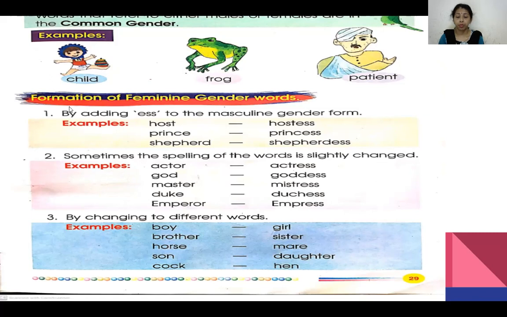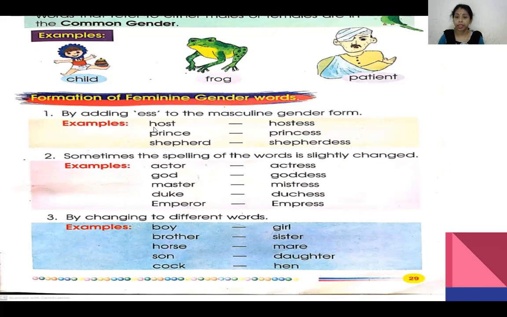Now I will move towards some rules of how to form the feminine gender from the masculine gender. The first rule: by adding ess at the end of the masculine gender word, you can change the word into feminine gender. For example, the first word, what is written?